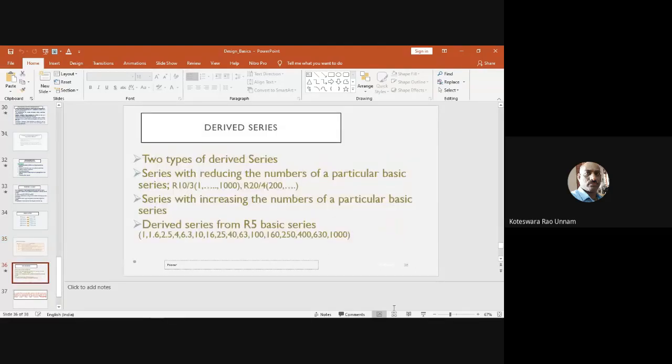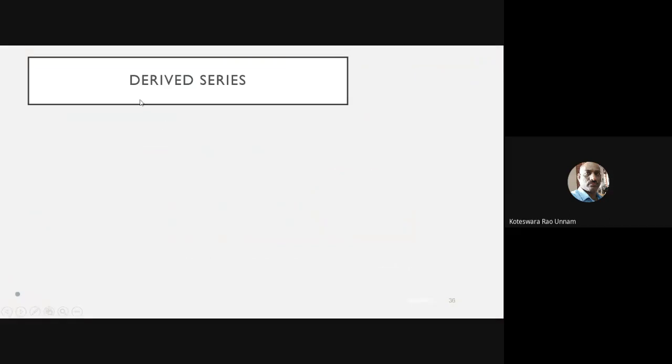The name itself suggests that these series are derived from the basic series. Derived means it is taken from something, and that is nothing but the basic series. These derived series numbers are generated from the basic series numbers only.